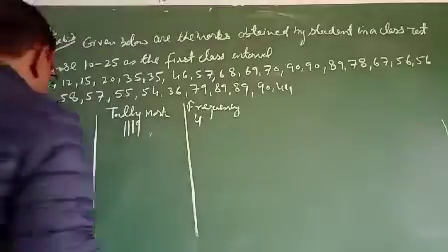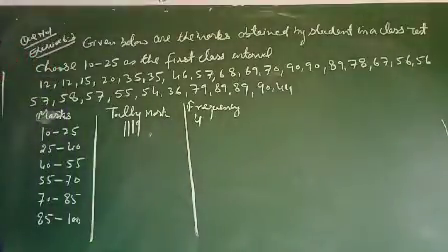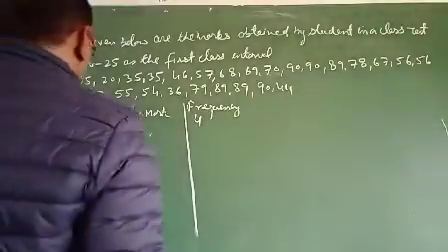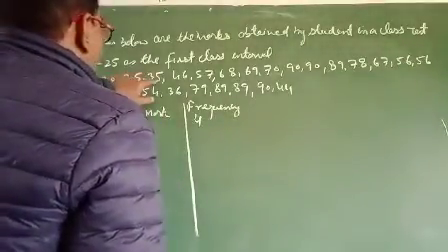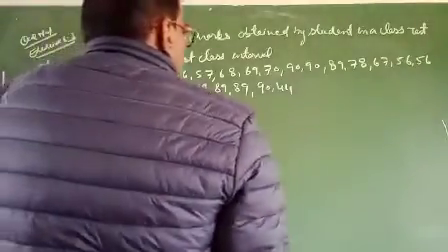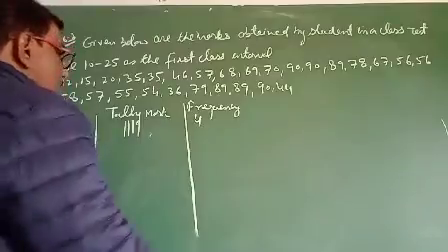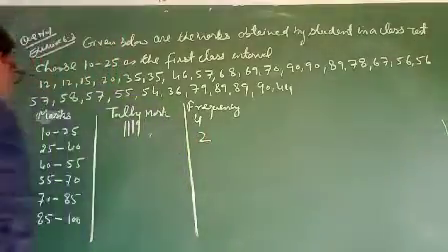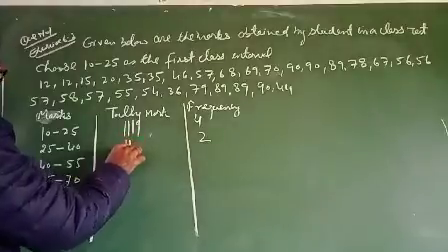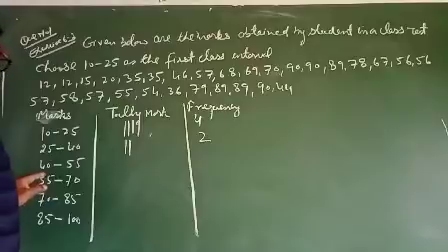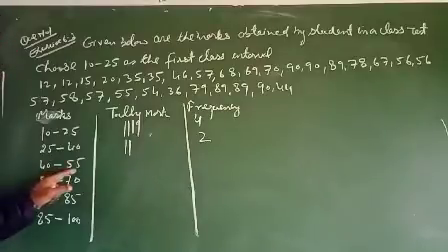Now I will find the number of students who got marks between 25 and 40. That is 1, 2, and here also 36, so 1, 2, 3. Three students have got marks between 25 and 40. Now I will find the number of students who got marks between 40 and 55.